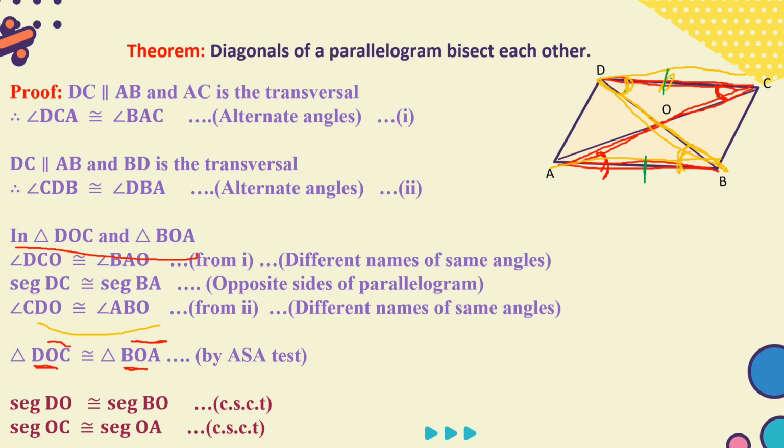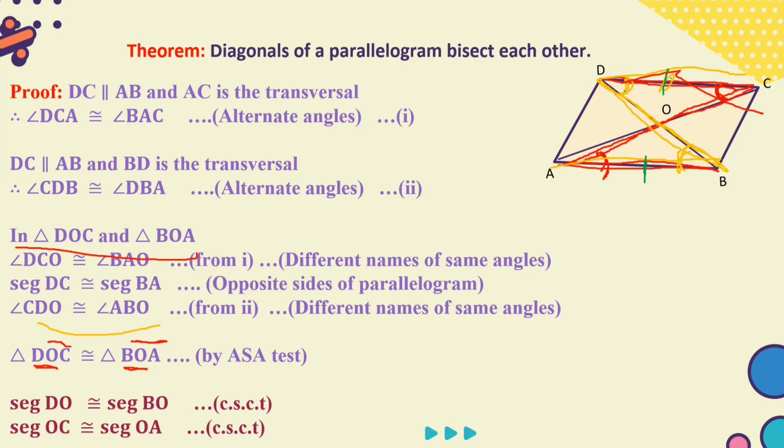So by angle, side, angle test, we prove that the triangles are congruent, and if the triangles are congruent, then all the corresponding sides and the corresponding angles should be congruent. Over here we don't need angles, so we just took segment DO is congruent to segment BO and segment OC is congruent to segment OA. I hope it is clear to you all.